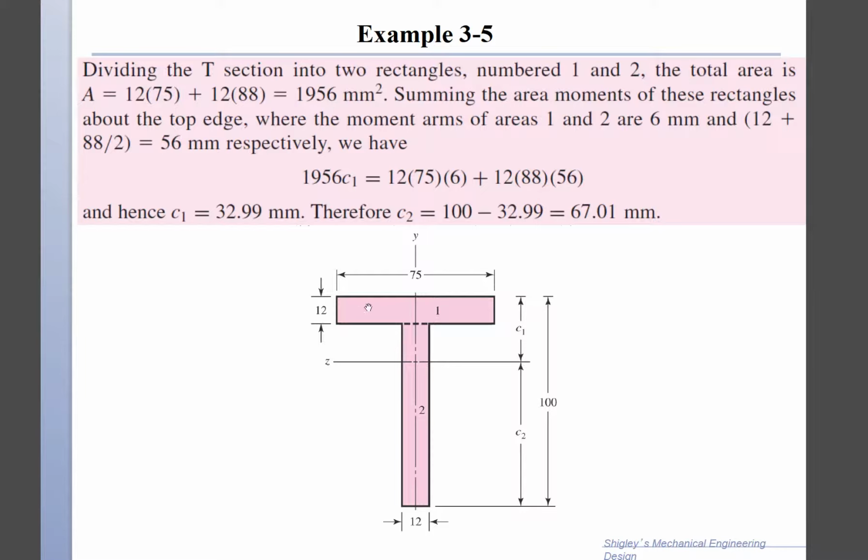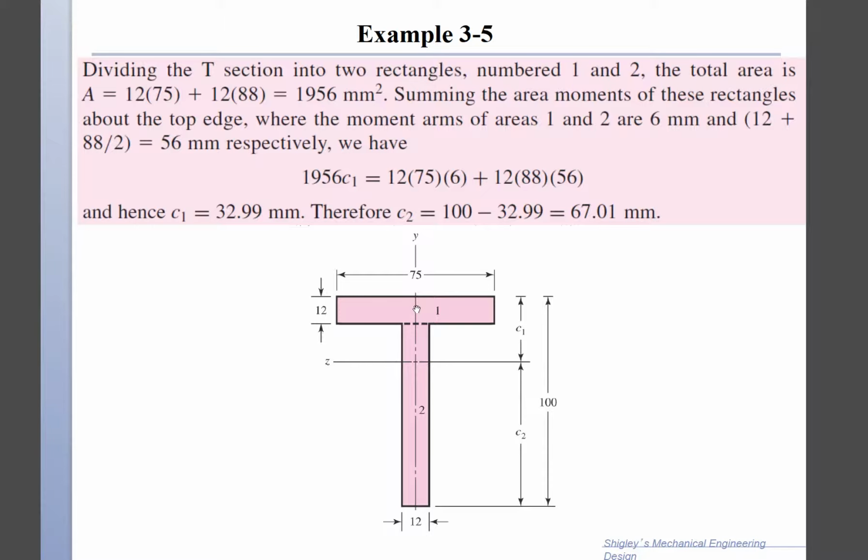So I assume that this area here is concentrated right at its centroid, and this area here is concentrated right at its centroid. If it is concentrated, it's like a concentrated mass or a force.